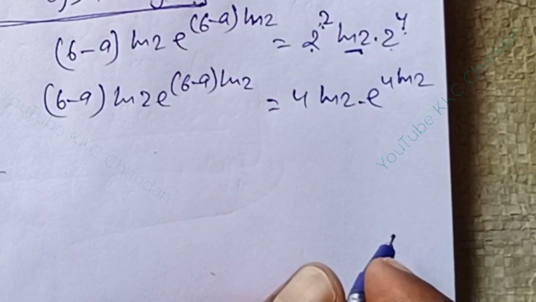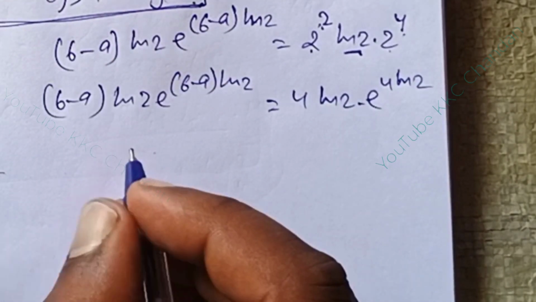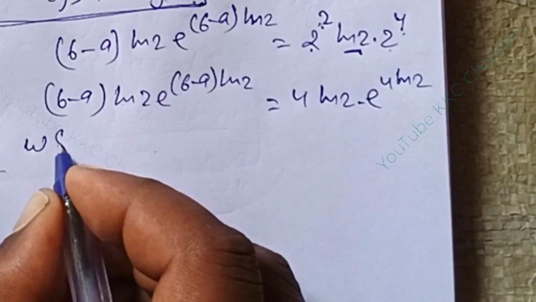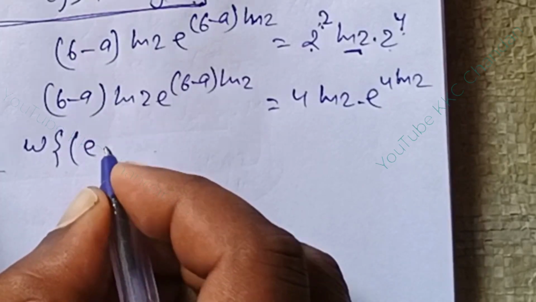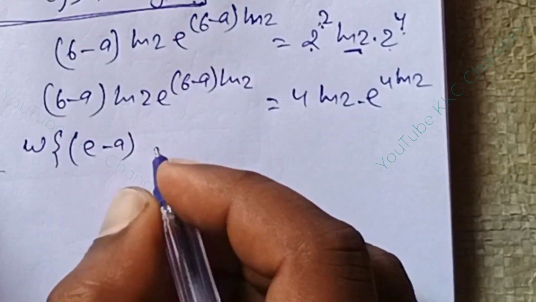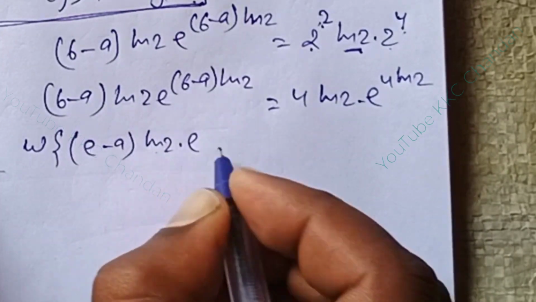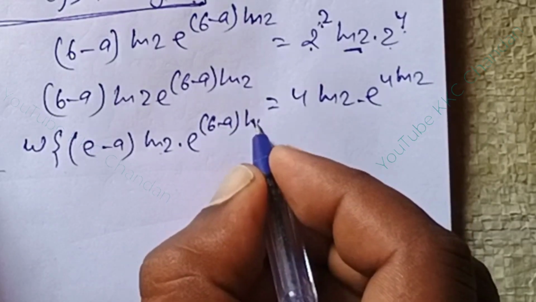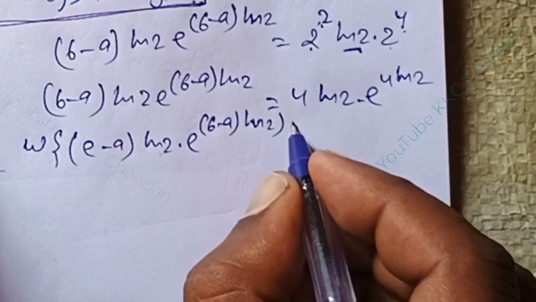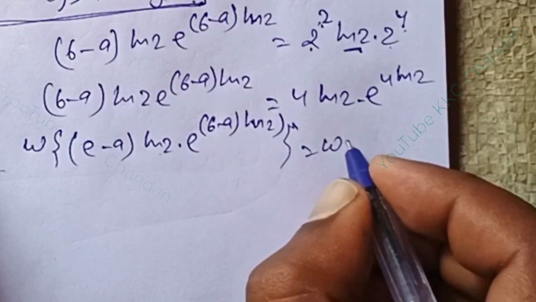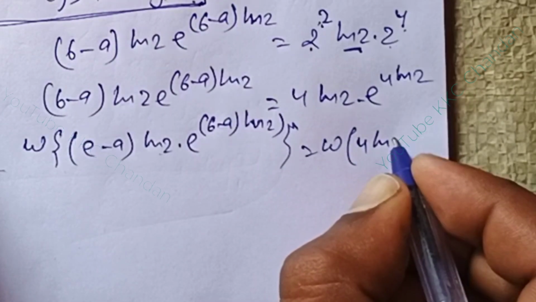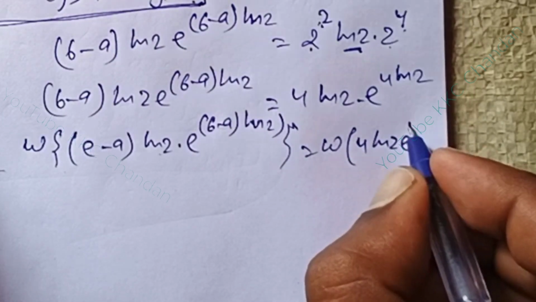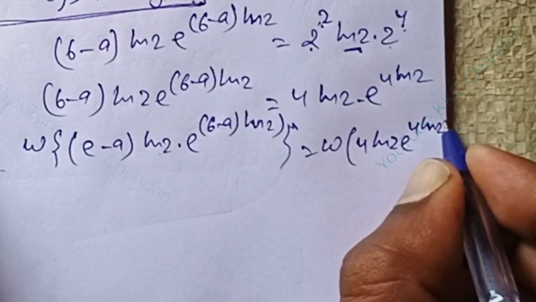In the next step, apply the W function. Bracket open, again open, 6 minus a into ln 2 into e power 6 minus a ln 2, bracket close, W function, bracket on 4 ln 2 e power 4 ln 2, bracket close.